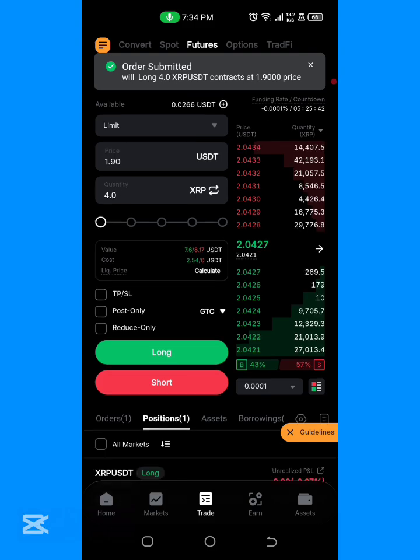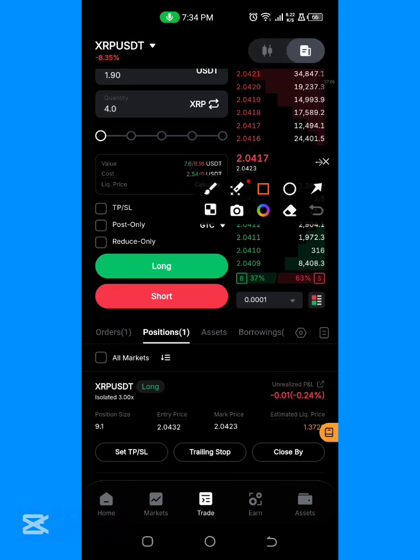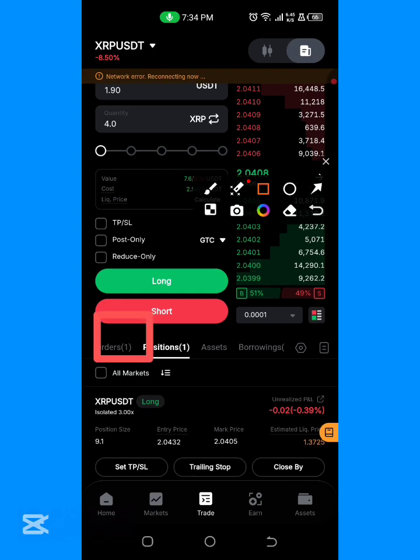Now, why I am doing it, I want to explain to you that when you make use of limit order, your trade is not yet filled, and you are not going to see it in positions. It's going to be in orders. Look at where it is. It will be waiting.